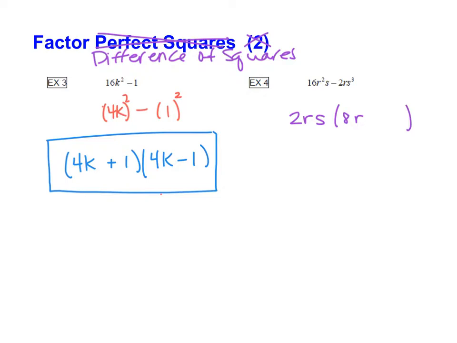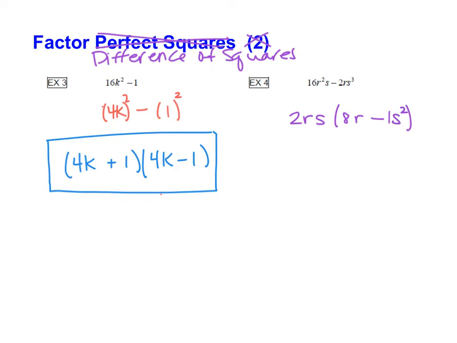Then we carry down our minus sign, and then we factor a 2 out from the 2, it just leaves you with a 1. We have an r, but we're factoring an r out, so there's no r's left. And then s cubed, we factor out an s, leaves you with s squared. Alright, so that's GCF factoring.